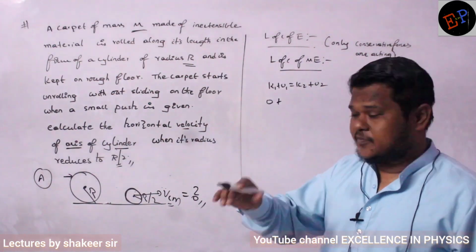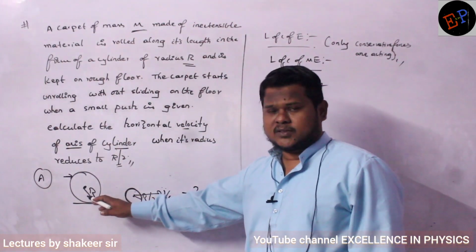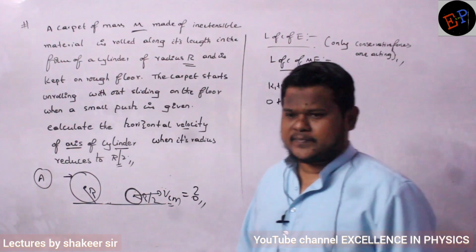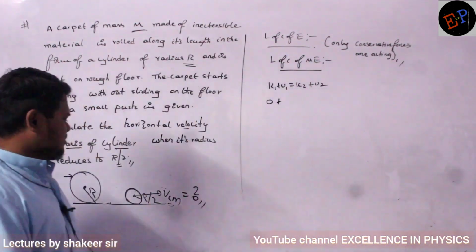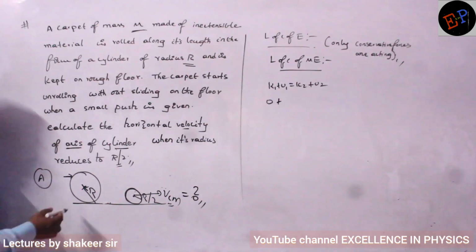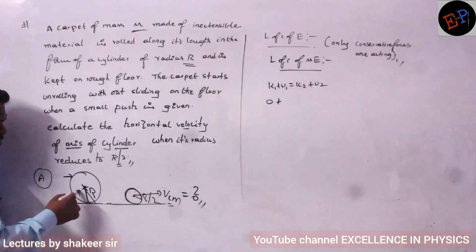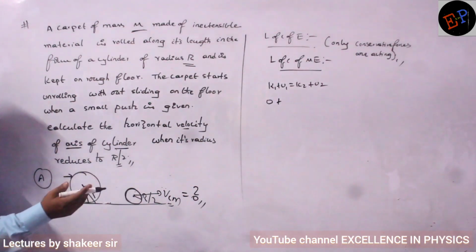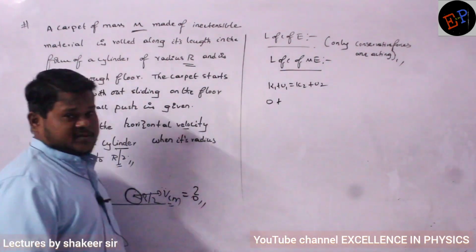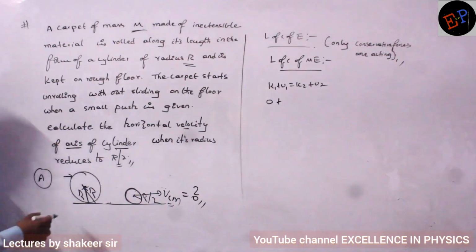Initial potential energy, when it was in the original shape and size. What is its initial potential energy? mgh. Its total mass is concentrated at the center of mass, no? And what is its distance? This distance is r. So mgr. That is the equation of potential energy. So plus mgr or minus mgr depends on the reference which you take.